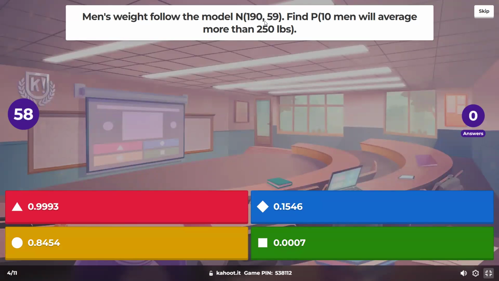What's n? What's little n? 10. Now, the sample size, right? Sample size is n. So yeah, 59 divided by the square root of 10.